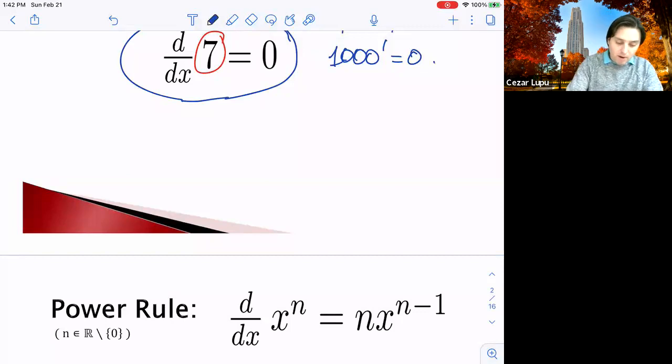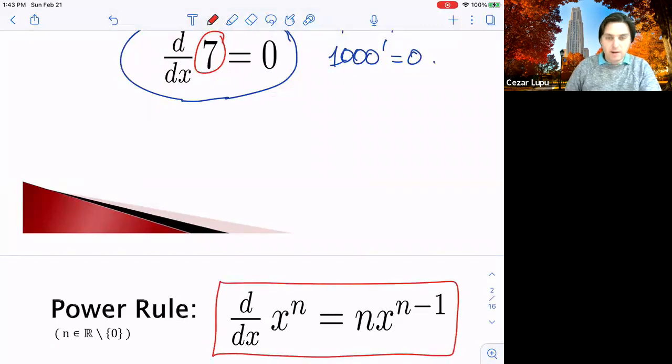So the derivative with respect to x of x to the power n is nothing else than you take the exponent. The exponent goes outside the derivative, and you lower the exponent. So it will be n times x to the power n minus 1.